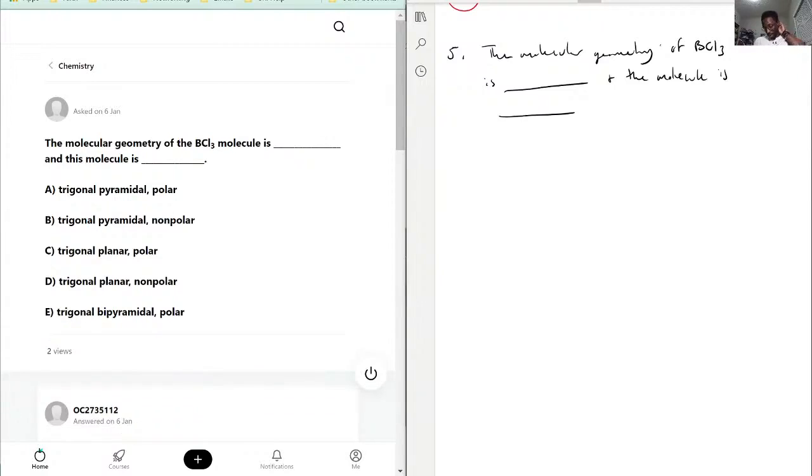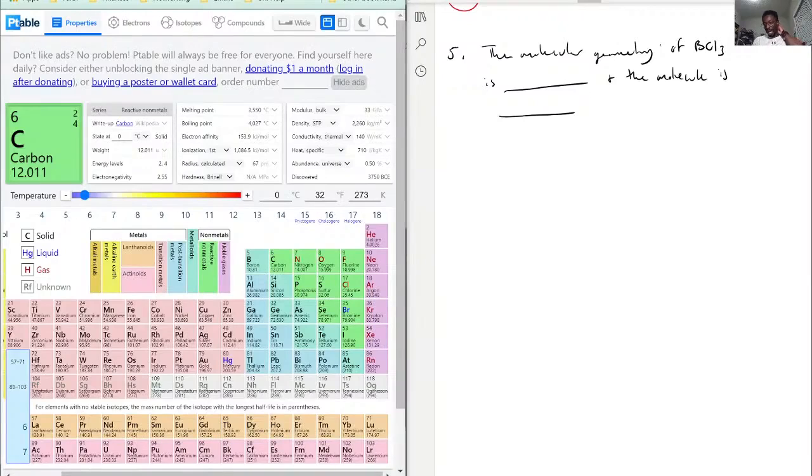So if we look at our periodic table here to find out how many electrons we're working with, boron has 3 valence electrons, okay? And chlorine has 7 valence electrons. How did I figure that out? Boron is on the 13th column. To find out what electrons you have based on the 13th column to the 18th column, you just subtract by 10.